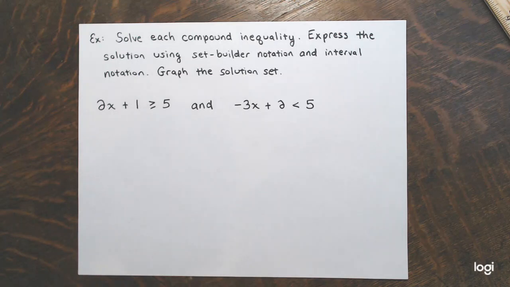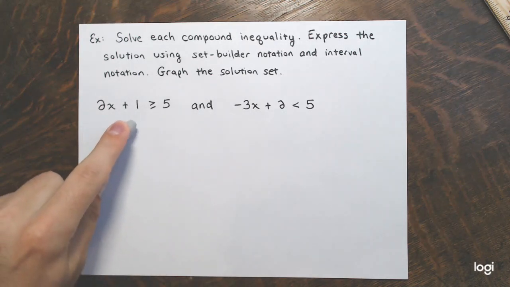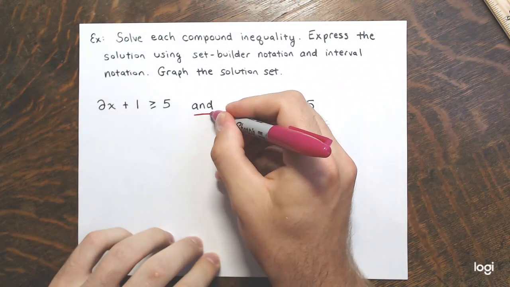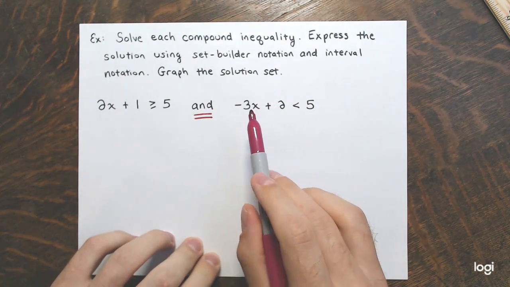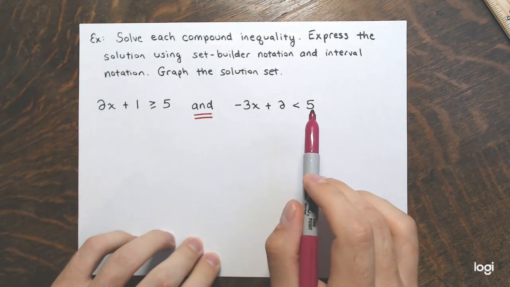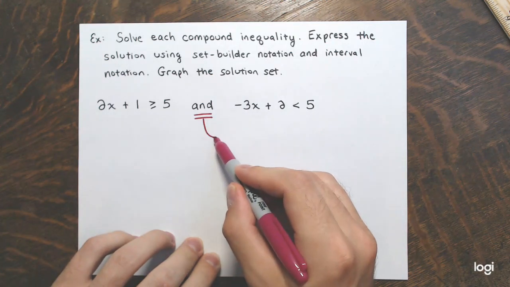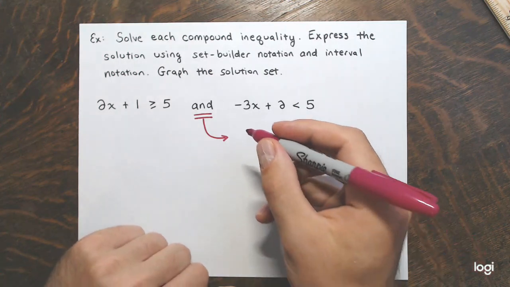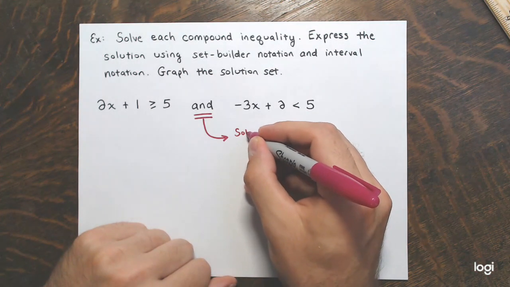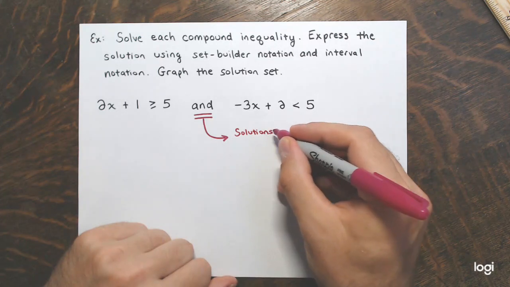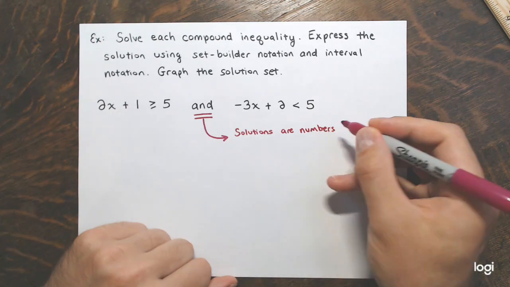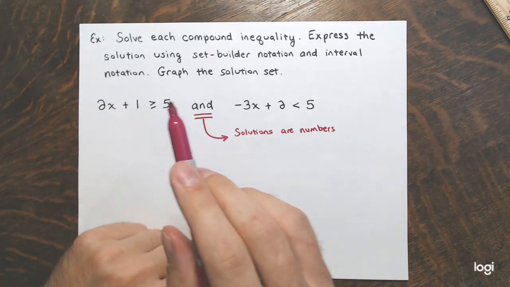So my inequality for the first example is 2x plus 1 is greater than or equal to 5, and notice this connecting word, "and," negative 3x plus 2 is less than 5. So when you see the word "and" connecting two inequalities, making a compound inequality, the solutions are real numbers that satisfy both inequalities.